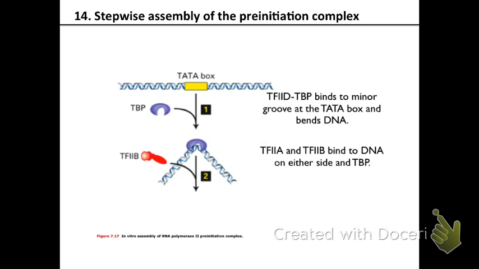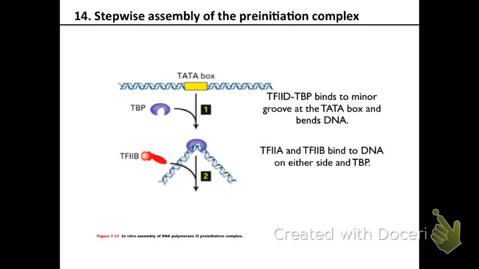One of these proteins is the TATA binding protein, called TBP, and it recognizes that TATA sequence. Along with another protein complex called TFIID, they bind to the TATA sequence, and the way that it binds, it bends the DNA. So it makes these interactions with the TATA sequence and kind of bends the DNA.